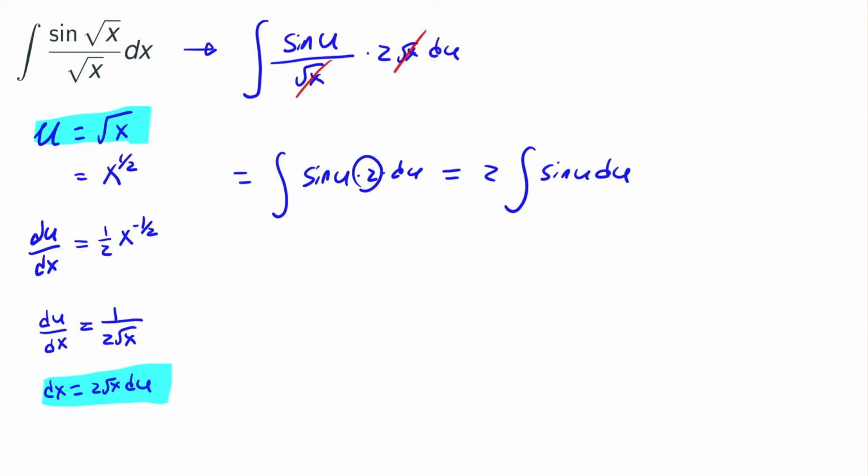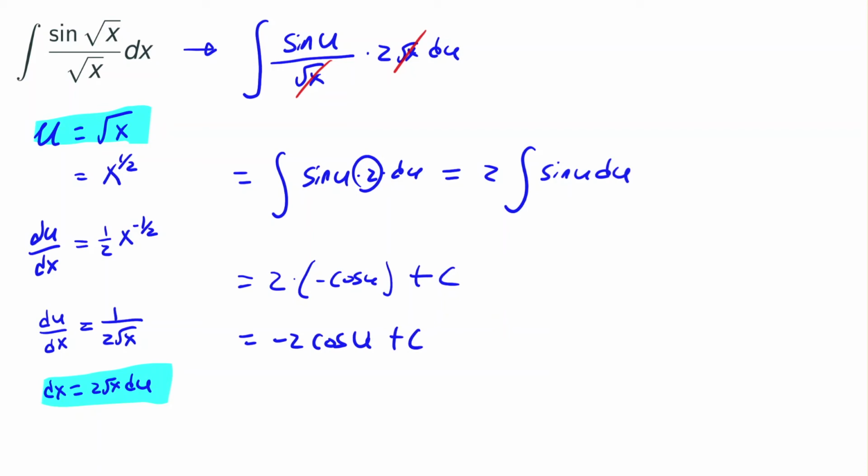Now we're just taking the antiderivative of sine, which is negative cosine. So we have 2 times negative cosine u plus c, which is negative 2 cosine u plus c.